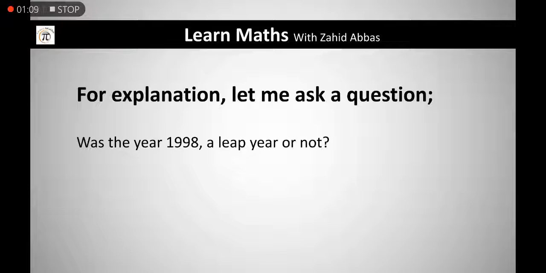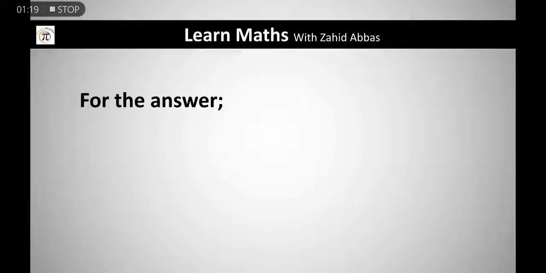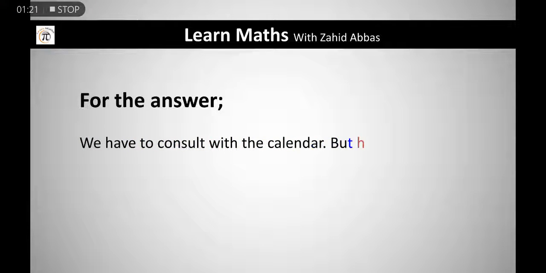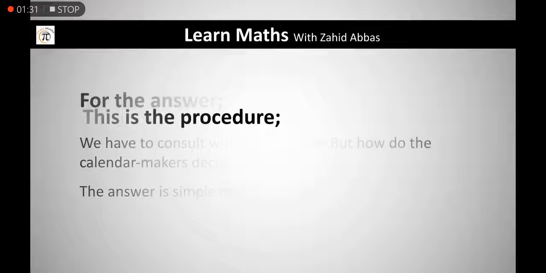Was the year 1998 a leap year or not? Or will the year 2021 be a leap year or not? For the answer, we have to consult with the calendar, but how do the calendar makers decide about it? The answer is simple mathematics.